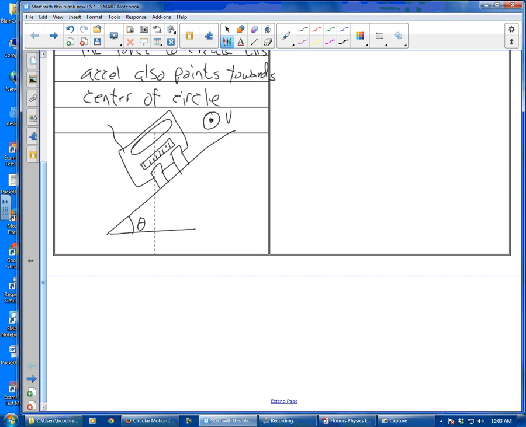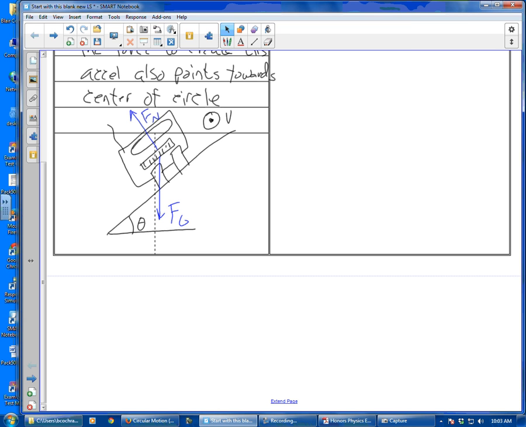Here's the angle theta. And because we're at the exact design angle, I don't need any friction, so this car isn't trying to slide up or down the bank. It's going to have a force of gravity downwards, and a normal force perpendicular to the plane.